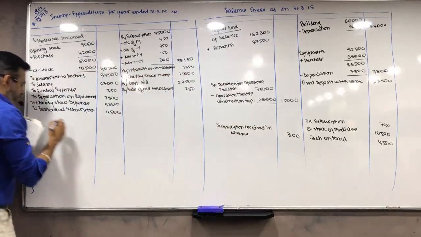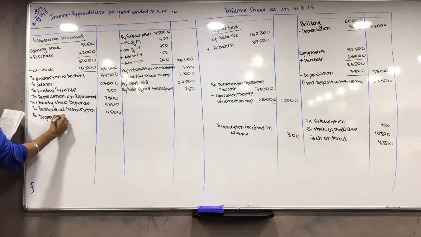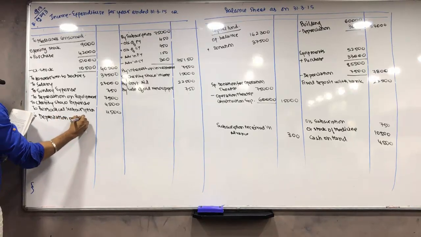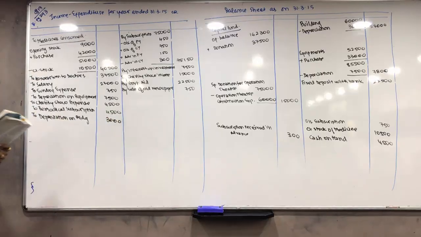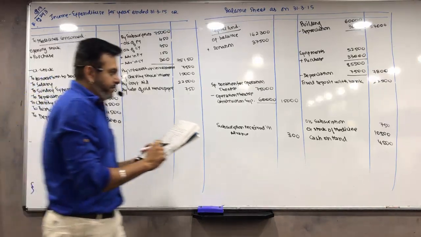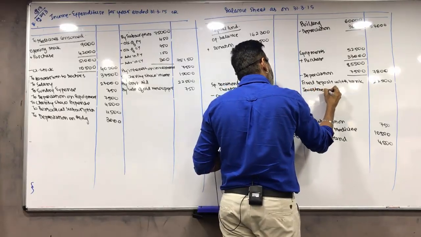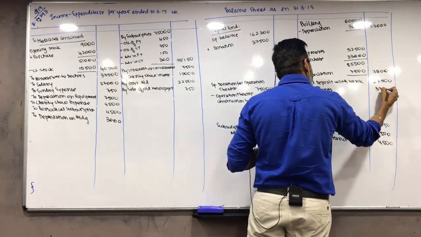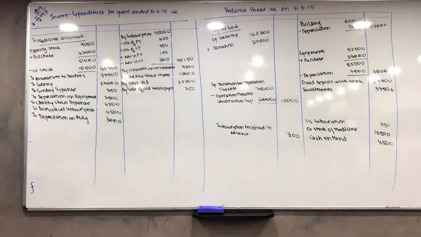Second effect: depreciation on building 3,000. Investments 37,500. That's it. Okay, close the sum.